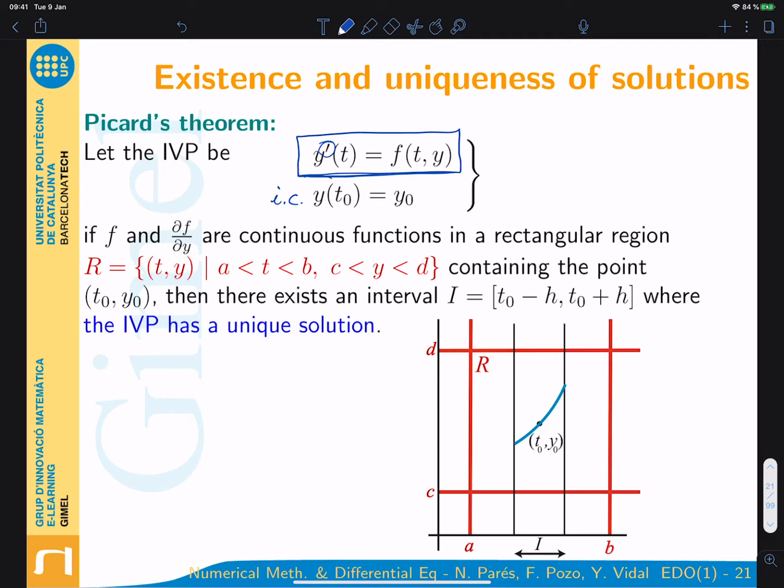Recall, here is the first order ODE. We give one initial condition of the problem.